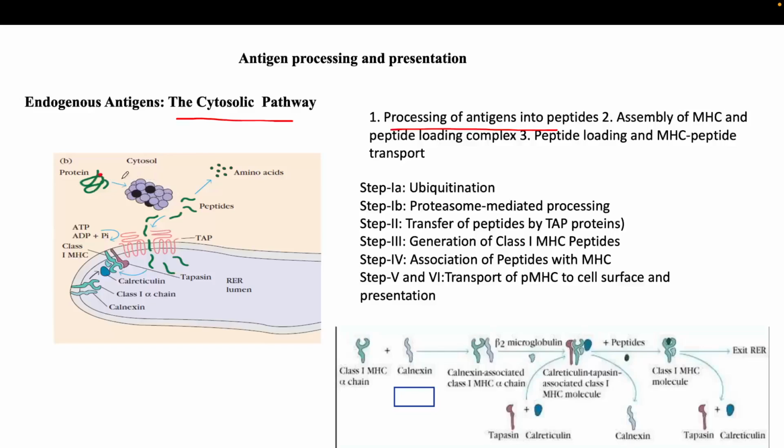Okay, so after the protein is processed inside this proteasomal degrading machinery, it will form peptides which are around 8 to 11 amino acids in length.